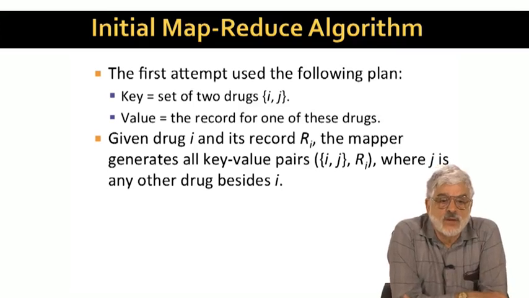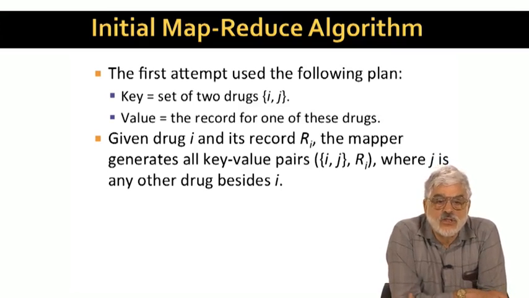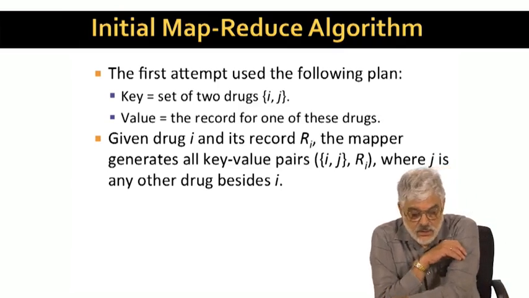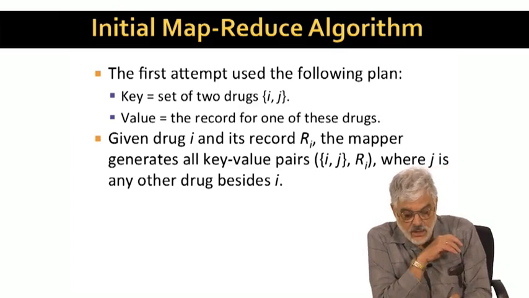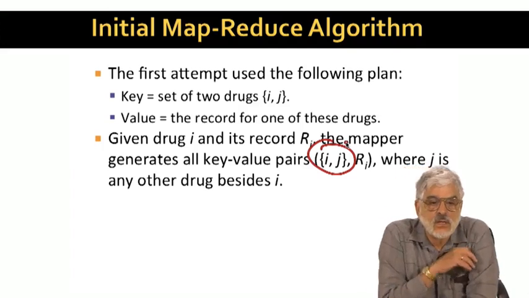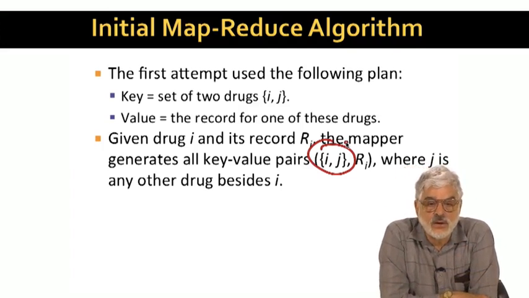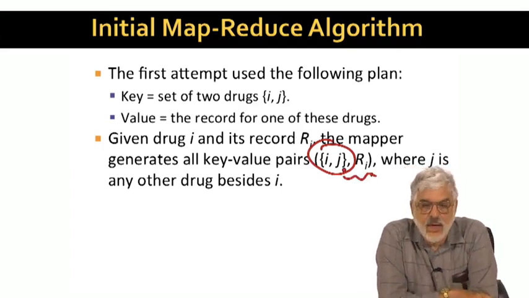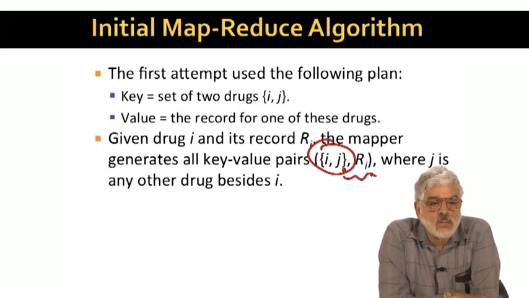Given drug I and its record, the mapper needs to generate 2,999 key-value pairs, one for each other drug J. The key-value pair for J has the key, that is, the set containing I and J. And the value is the record for I. Notice that the mapper doesn't know the record for J, it only sees I and its record.